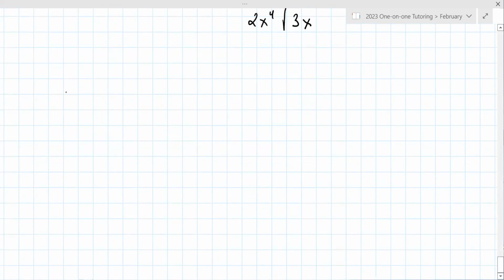Square root of 40x to the 7th. Again, you break this apart into the square root of 40 times the square root of x to the 7th.